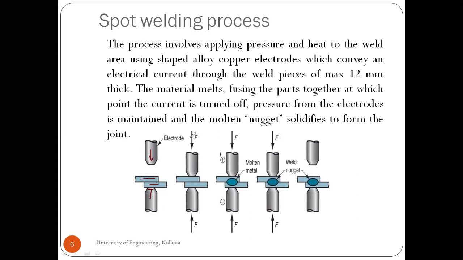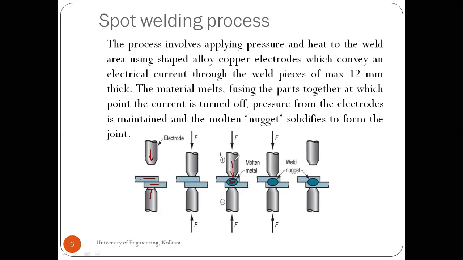So mechanical force is applied from the top, and as you can see, there's a DC supply, plus minus. So DC power supply is used. So the current flows in this direction, and there is a nugget formation which takes place here. There's a nugget formation which takes place here, and this nugget is the joint between the two metal sheets.